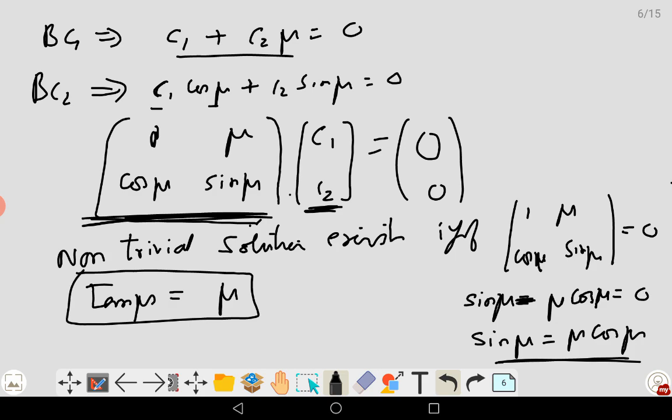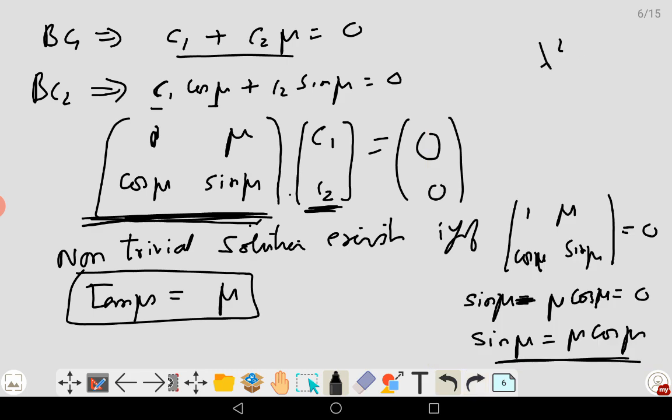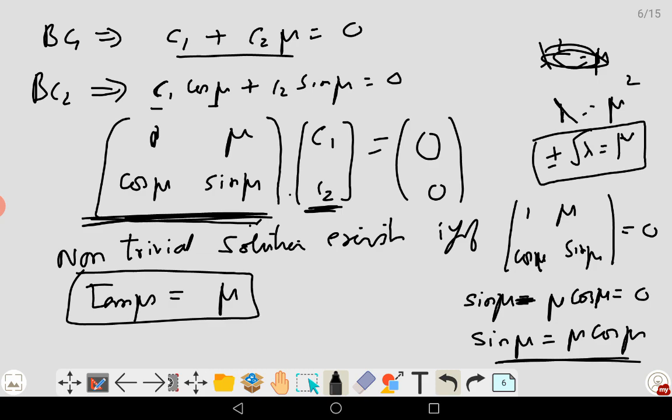And what is mu? We assumed at the beginning of this case that lambda is mu square. Therefore, mu square is equal to lambda, so mu is equal to plus or minus root lambda. As we are looking for a positive value of lambda, it will be positive.